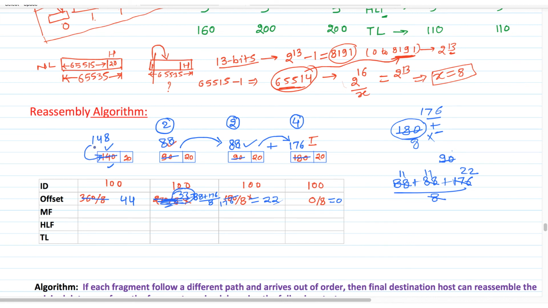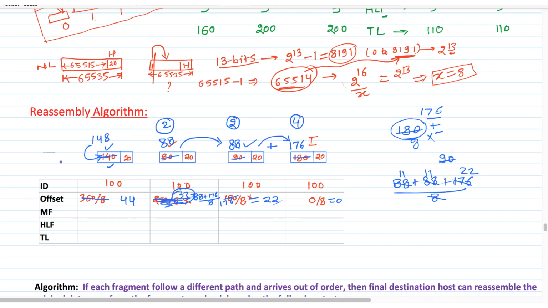Now see, it is not compulsory that the data bytes in the last fragment should also be divisible by 8, because there is no other fragment available. So these data bytes will not be used to calculate any offset. So in case of last fragment, if data bytes is not divisible by 8, it is okay, there is no problem.